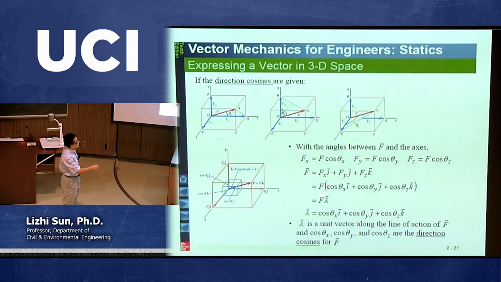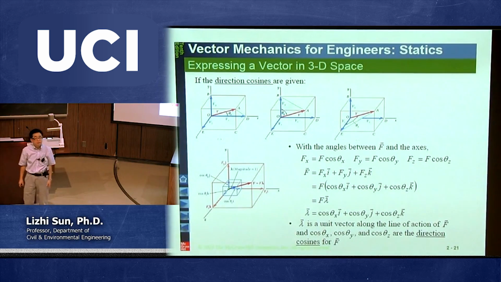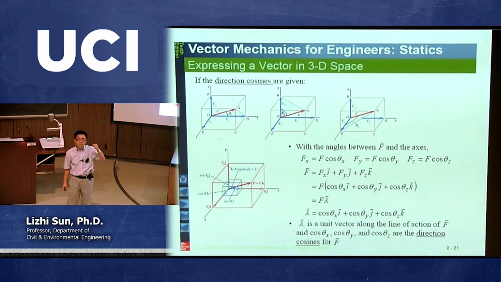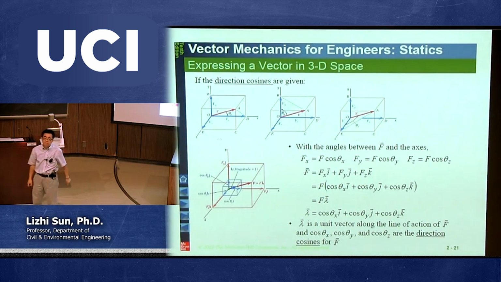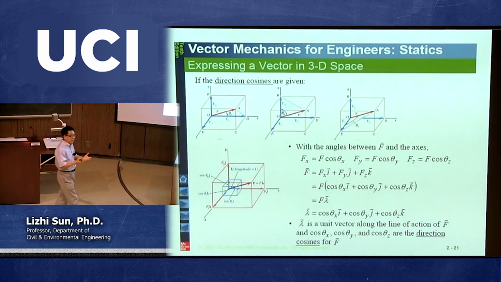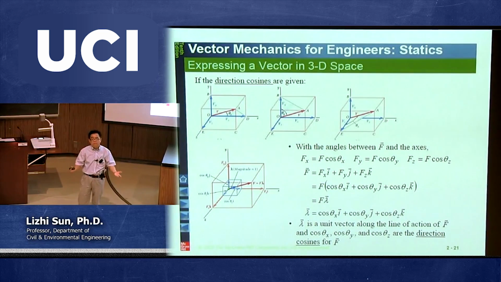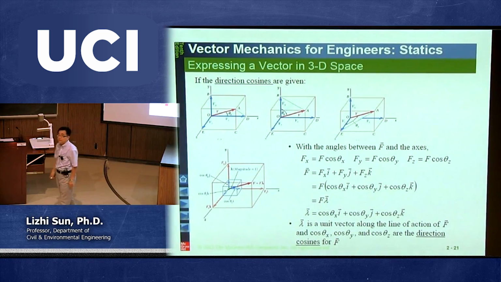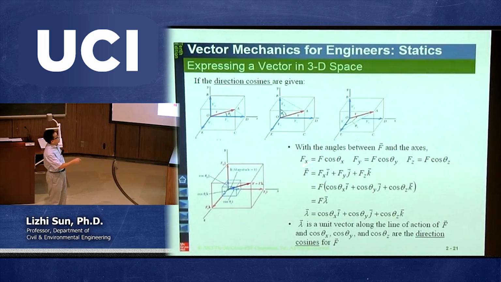The first one, F, is physics, because that's the magnitude. In math, we don't talk about magnitude; we talk about magnitude in physics or engineering, for example the magnitude of the force. But the second term, lambda, is the unit vector of that direction. The direction is a mathematical concept, and a unit vector is of course a mathematical concept as well. So now you have a total physical force concept, which can be split into half physics, half math.